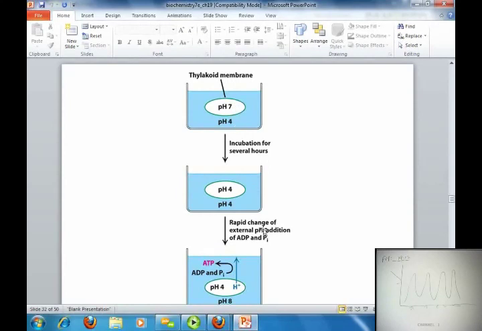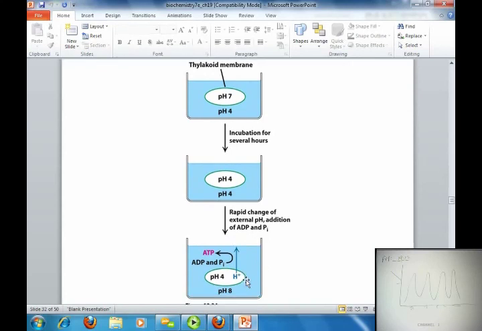And then with rapid exchange of the external pH, and addition of ADP and Pi, what will happen here? More of this hydrogen which is present inside will go outside, because of the higher concentration inside and lower concentration outside, because ATP synthesis from ADP will use this hydrogen.